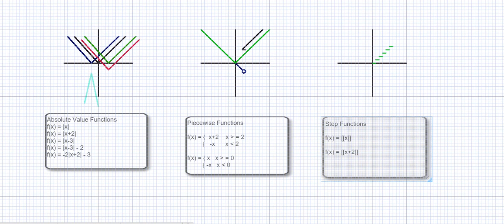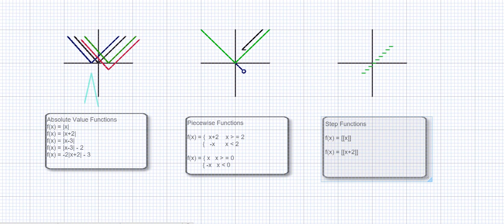It also goes in steps in the negative direction, because what's the greatest integer that's less than or equal to, let's say, negative 0.5? Well, if you said negative 1, then you're correct. So it takes on a y value of negative 1, and so on and so forth. It keeps going both to the right and to the left in this pattern.